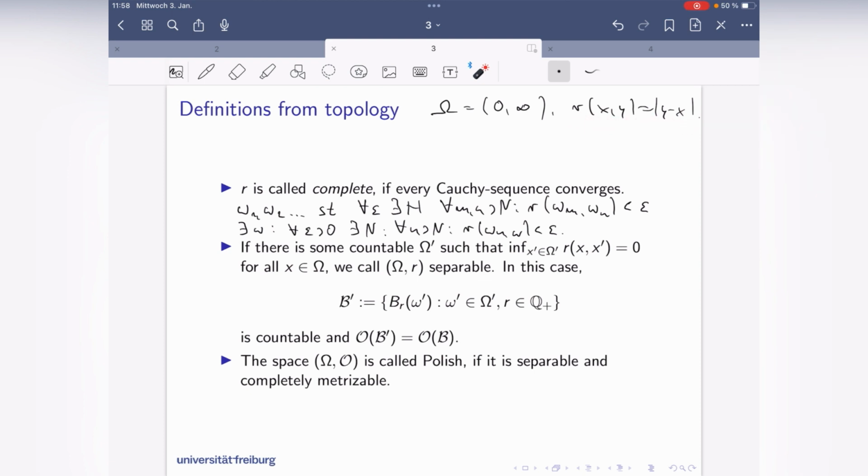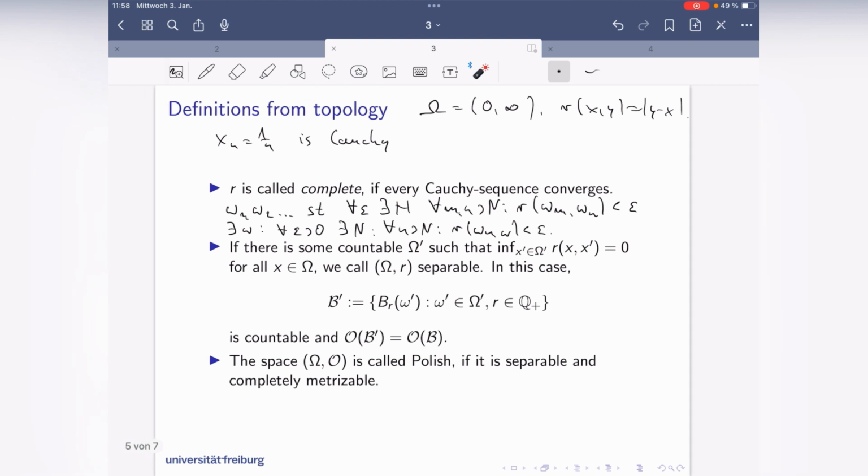No, it's not, because the 0 is not in the set here. x_n equals 1 over n is a Cauchy sequence because for all epsilon you find an N such that the distance between two members of the sequence is smaller than epsilon. Okay, that's clear. But this omega has to be in big Omega, and it would have to be 0, but 0 is not an element of the set here. So this sequence is Cauchy, but it does not converge.